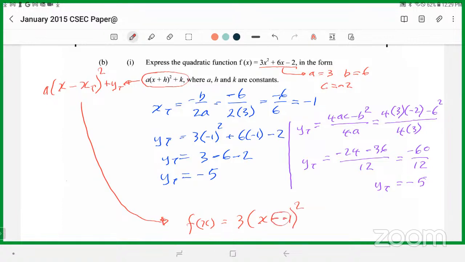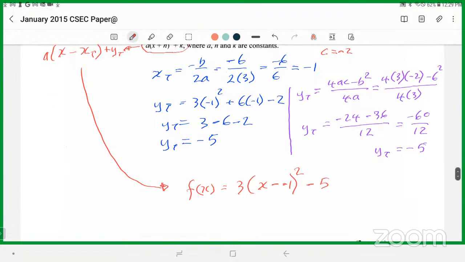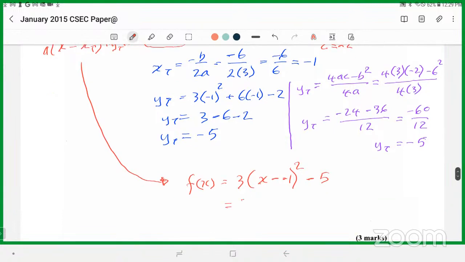So this minus is going to become a plus. And then plus YT, which is negative 5. I'm going to write minus 5 here. And then consolidate and write 3 into x, this minus becomes a plus 1 squared minus 5. That's my answer right there.